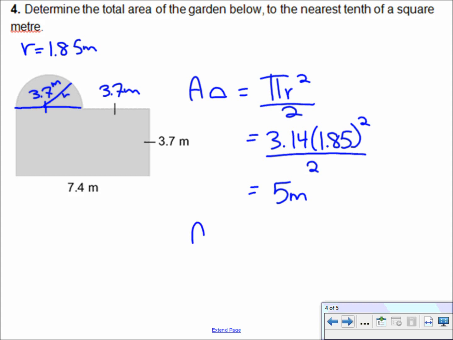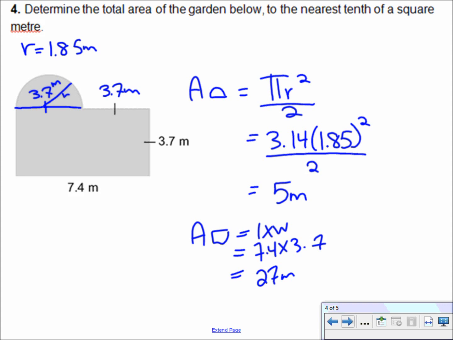Now I'm going to do area of my rectangle, which is length times width, which is 7.4 times 3.7. So 27, because we're doing to the closest meter. Because again, it's 27.38, which stays at 27.